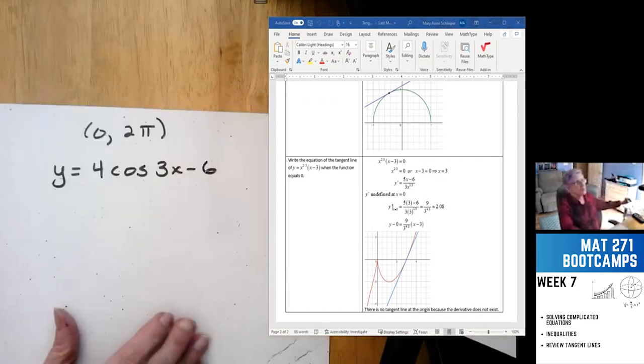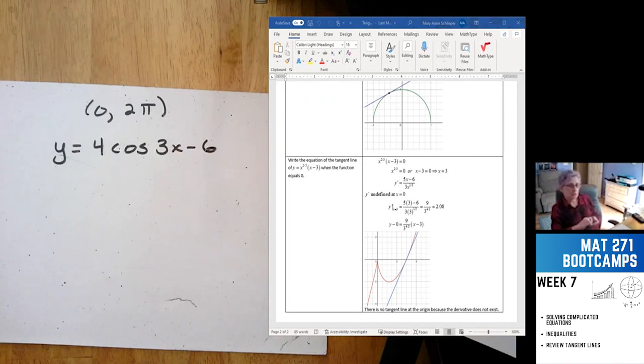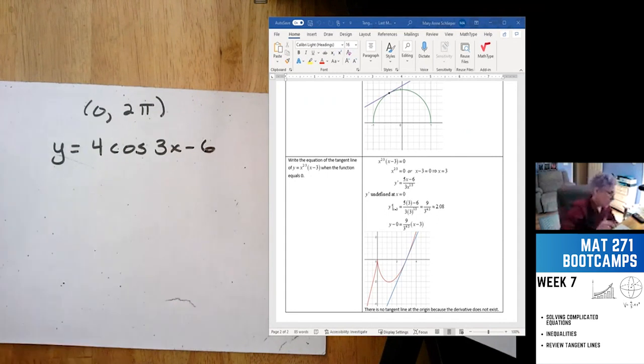Okay, so this one was not a write the equation of the tangent line problem. This was a determine when the tangent line is horizontal problem. Yes. Yeah, that's what it was.